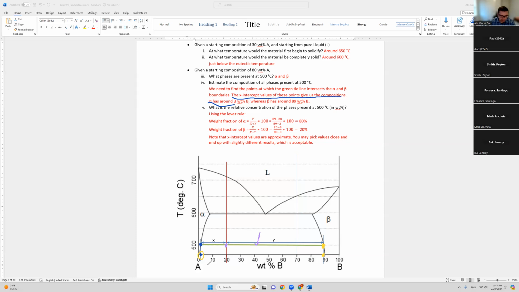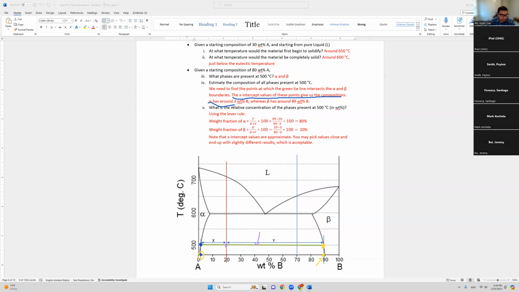If you tell me any number between 1, 2, 3, 4, even up to 5, you will get full credit. But if you tell me this is 10 weight% of B, it will be incorrect. Okay? So your answer should be meaningful. There will be a high tolerance value for the correct answers. Similarly for this part, your answer doesn't have to be 89%. It can be 90, 88, 87, but it cannot be 80, right? You can see that it's not 80%.